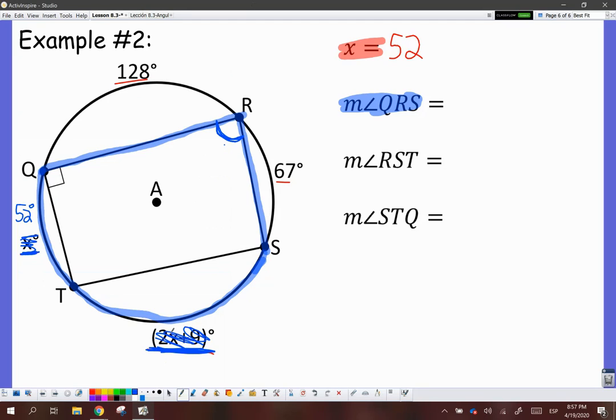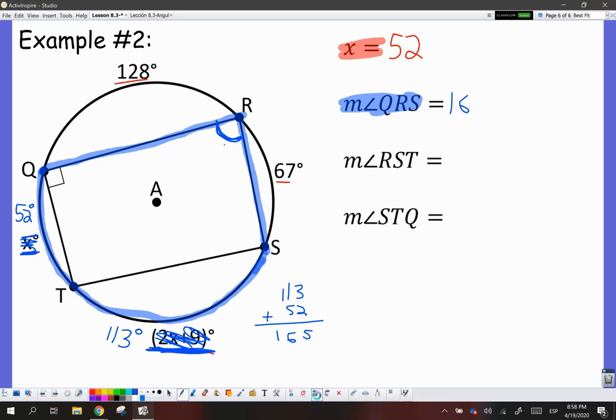So instead of being 2x plus 9, now I know that that can also be 113 degrees. So now it's a little bit simpler because all I have to do is add these 2. 113 plus 52. I add those 2 together. That's 165 degrees. But I made a mistake.